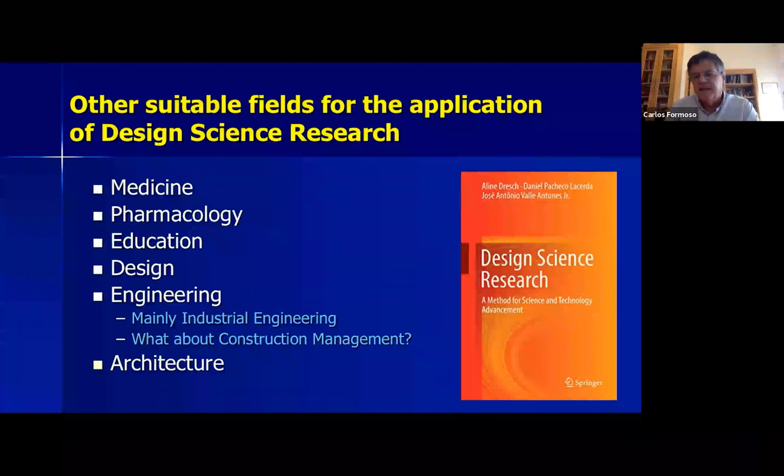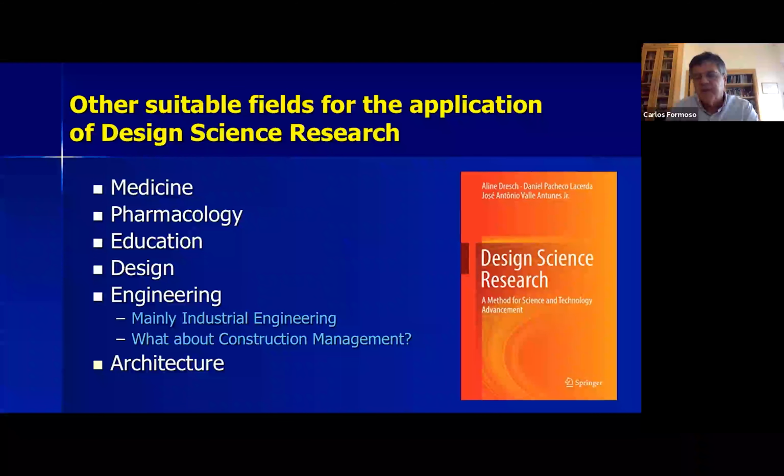More recently, design science research started to be used in design, engineering, and architecture, which are areas very connected to us. In engineering, I would point out that the area of industrial engineering has been using a lot of design science research.